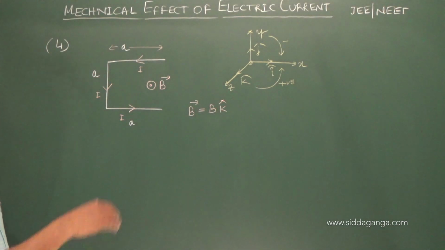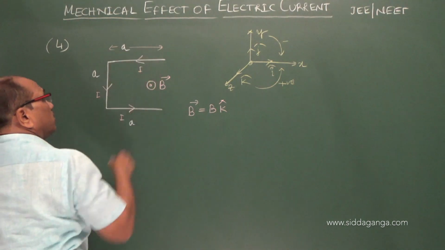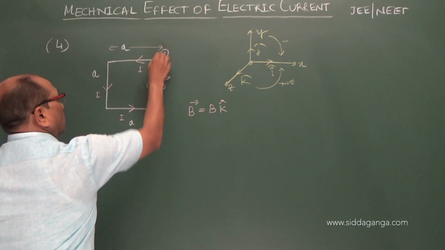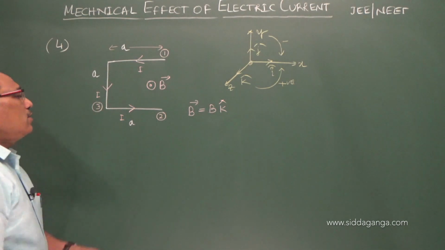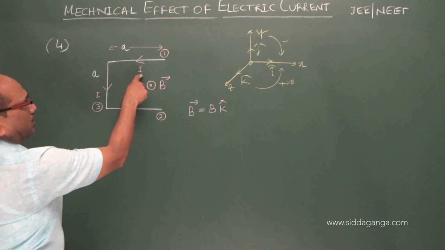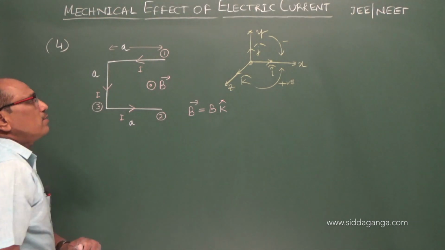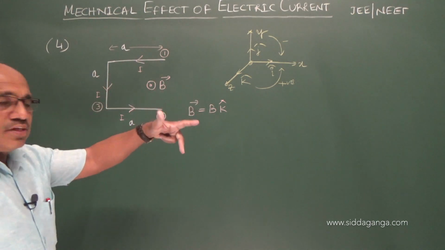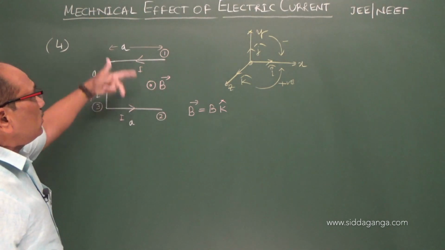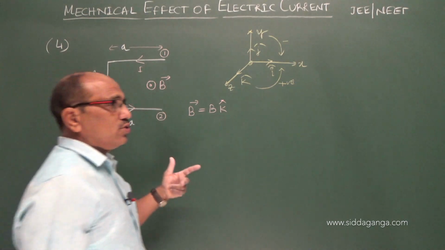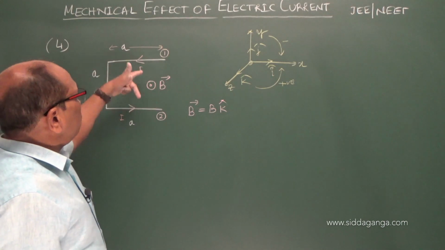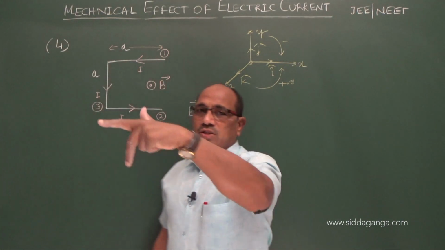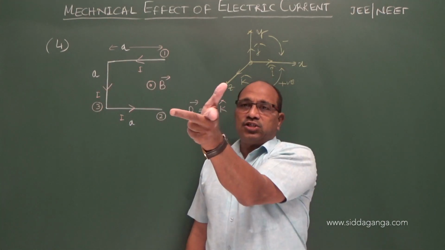But notice the current in wire part 1, wire part 2 and wire part 3. When we see the current to the left, if I apply Fleming's left hand rule, opposite currents mutually cancel the force. See, the field is outward, the current is to the left.